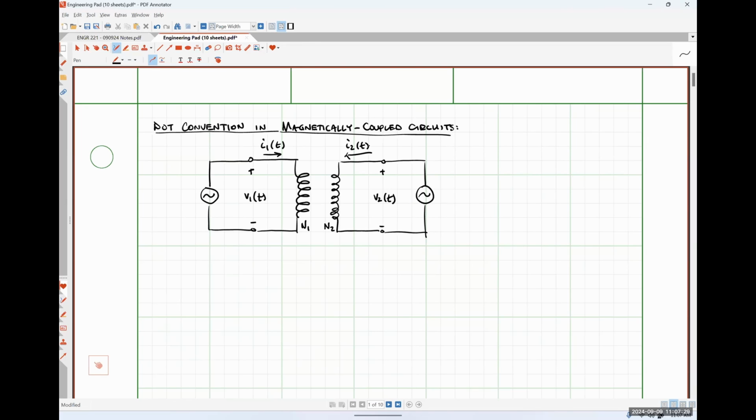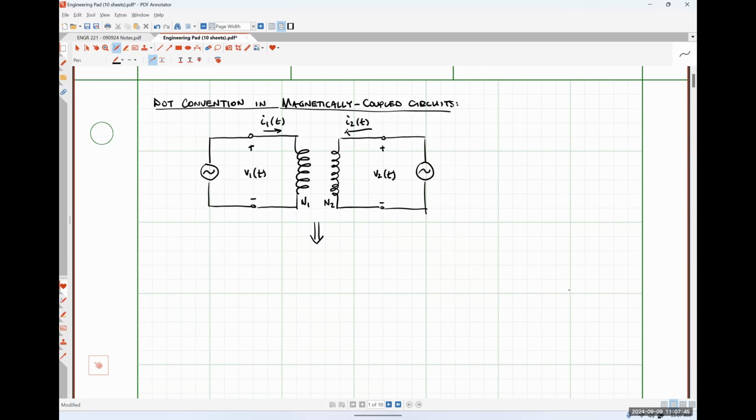So instead, we use what's called a dot convention. So I'm going to redraw this system using a dot convention. This is more aligned with what you might see on a schematic diagram.